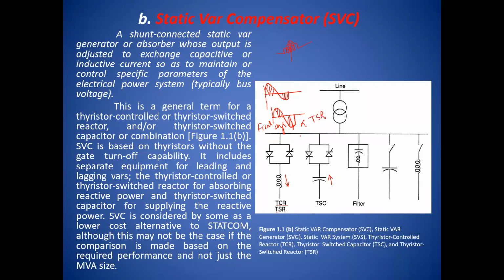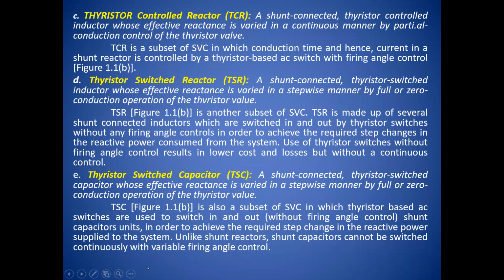So under the thyristor switched reactor, the reactor is going to change in steps, whereas in the thyristor controlled reactor, the value is going to change in a smooth manner. So there are two differences: a smooth manner as well as a switched manner. So what is the TCR, thyristor controlled reactor?